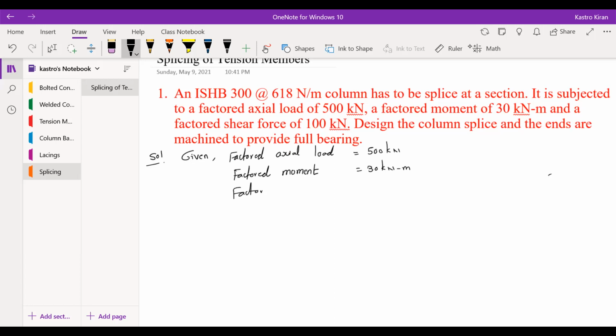And the last one is the factored shear force, which is 100 kilonewtons.